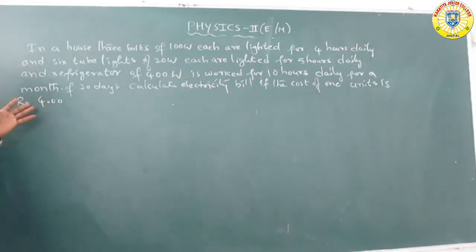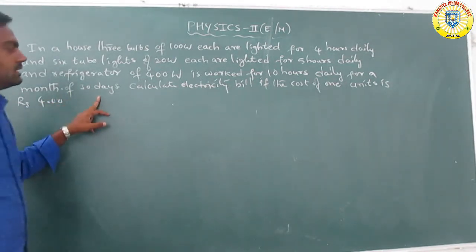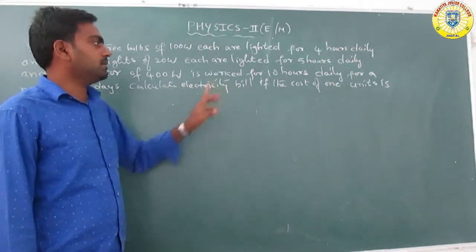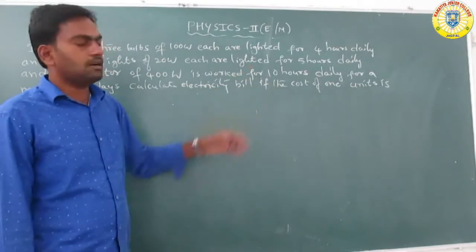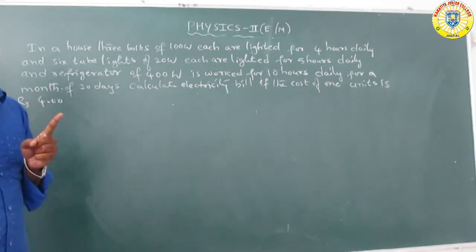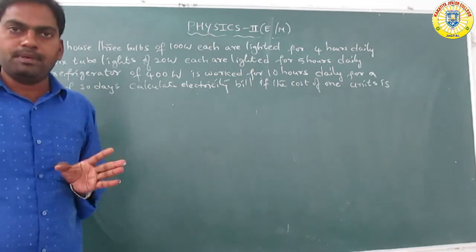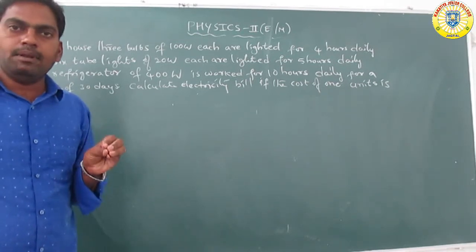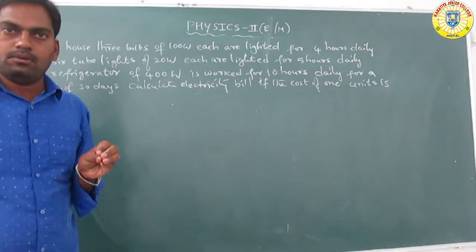For a month, 30 days is considered, and calculate the electric bill if the cost of a unit is taken as 4 rupees. So the electrical bill will be consumed.